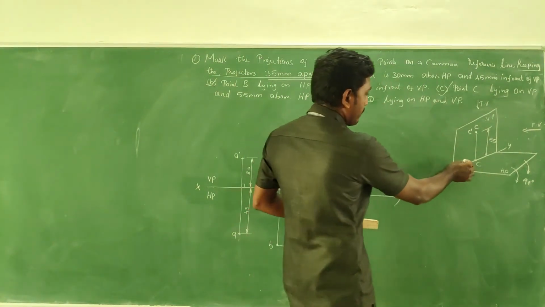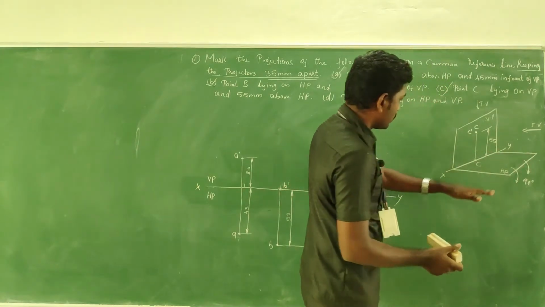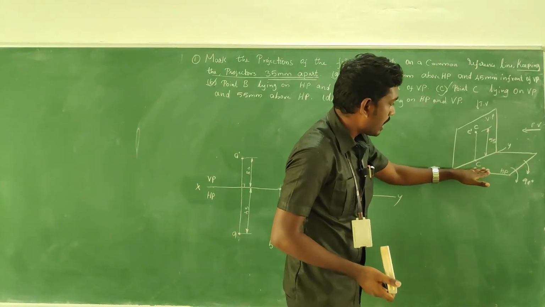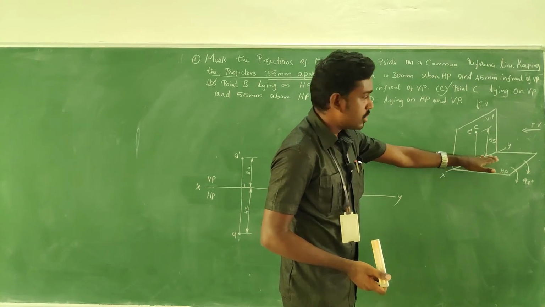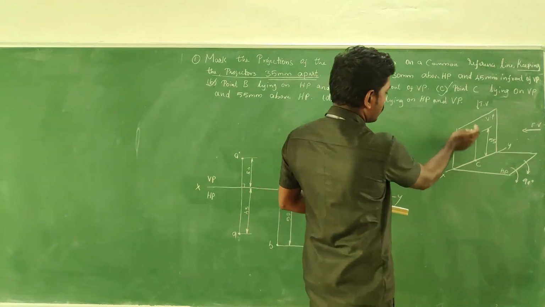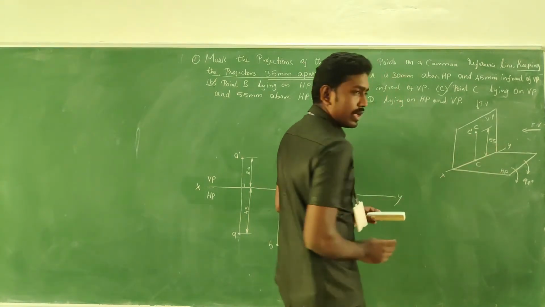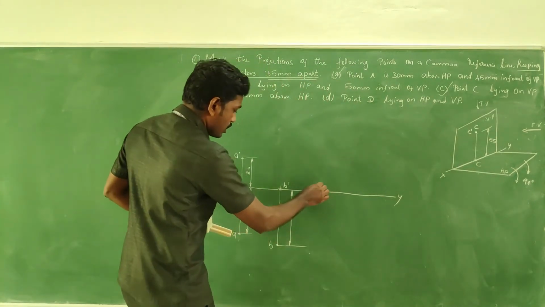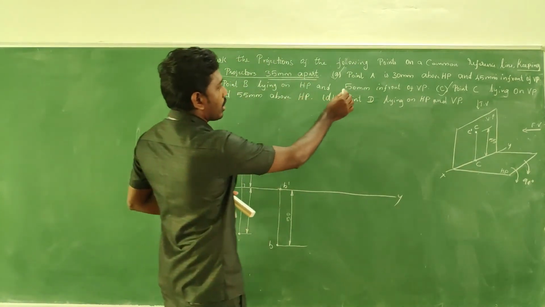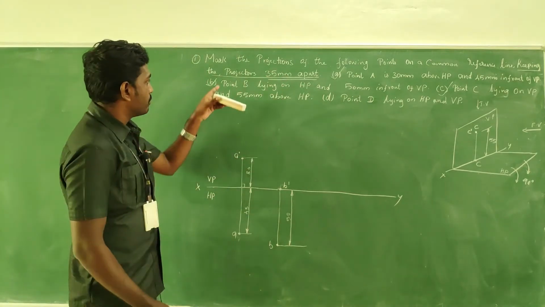So see, is any projection being made in the HP plane? No, right? So there is no confusion. Everything is going to be captured above the reference line. So take it as it is. For that you have to maintain 35 mm between the projectors.